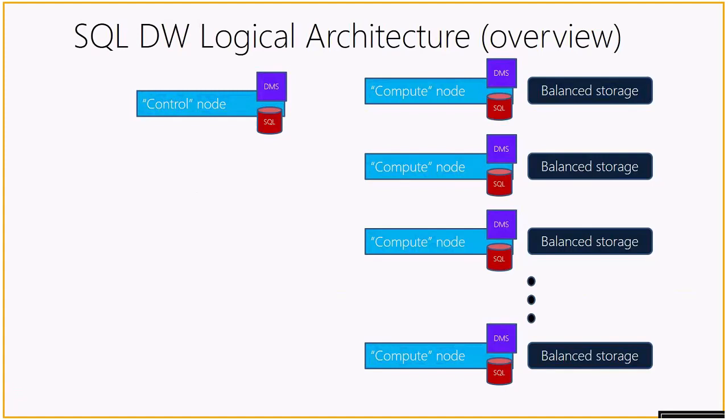So imagine hundreds of different computers running on a blade based architecture. And then you have one master or control node, which allocates or deallocates the responsibility of working on each one of them and getting them to do the work.